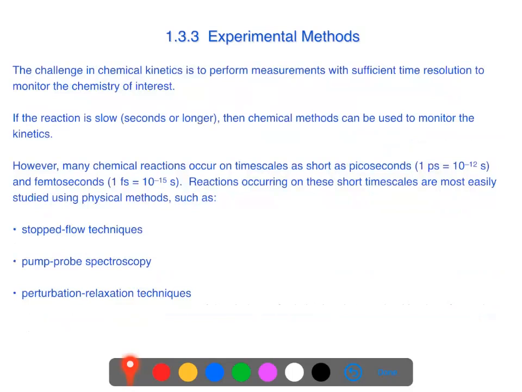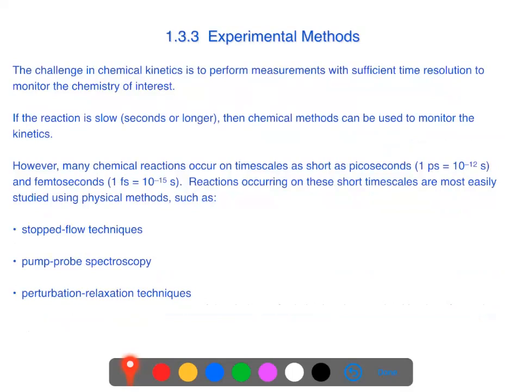Now, the challenge in chemical kinetics is to perform measurements with sufficient time resolution to monitor the chemistry of interest. If the reaction is slow, seconds or longer, then chemical methods can be used to monitor the kinetics.